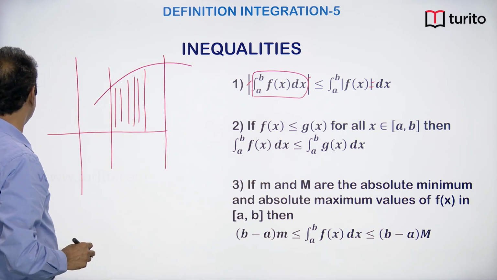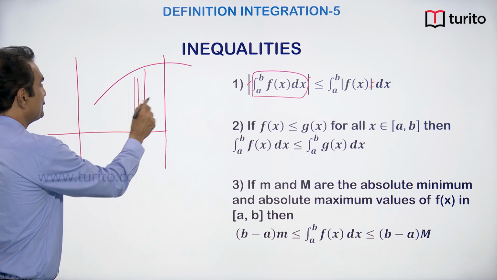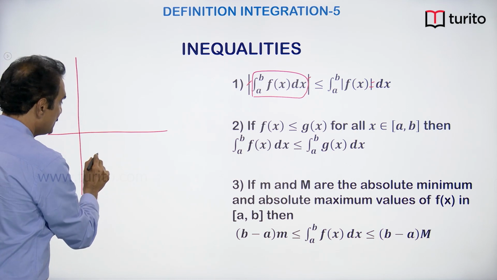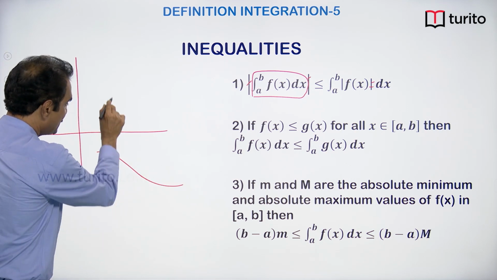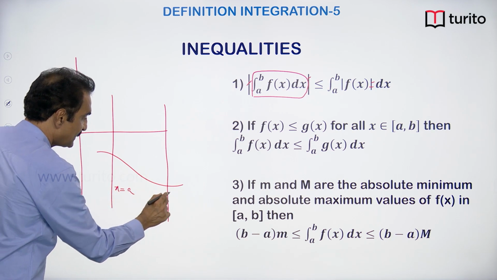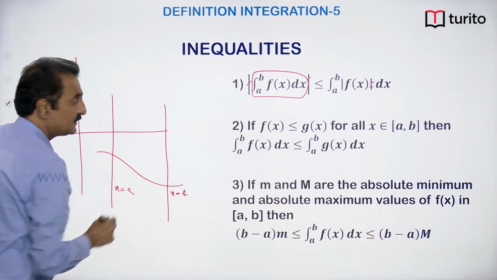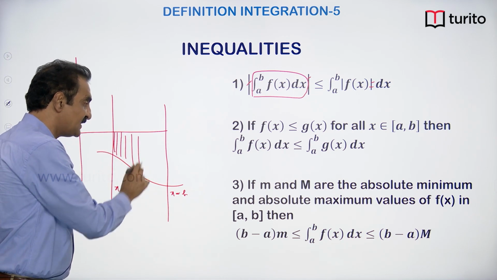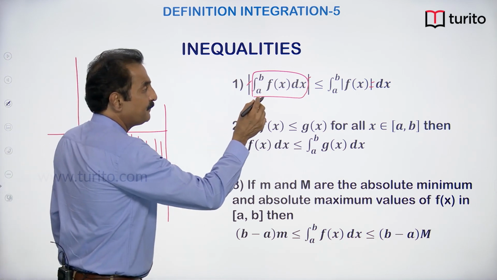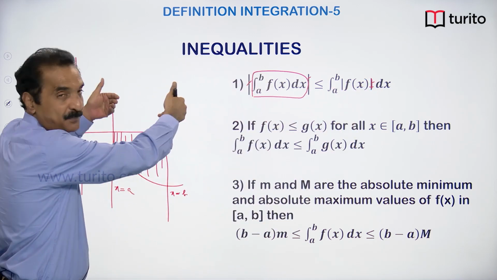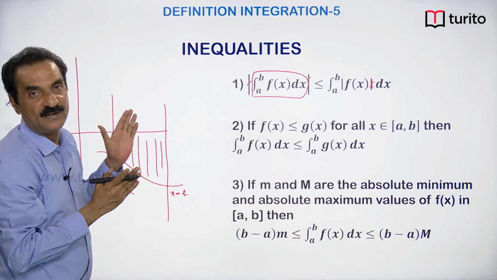When the graph is completely below the x-axis, suppose the graph is like this in the interval a to b, then what happens? F of x is negative everywhere in this interval, but in the RHS if you take mod, all these negative values become positive and you are adding the positive values.